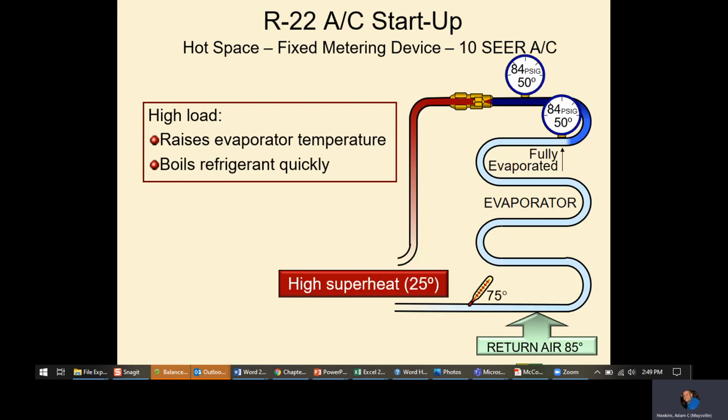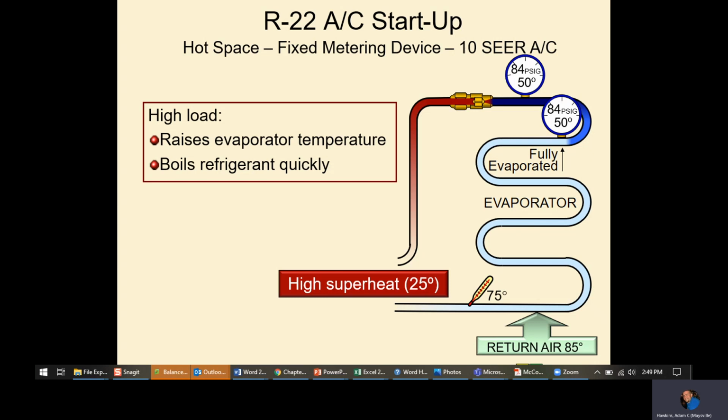So on a startup, you've got 85 degree return air. Superheat's a little high, but that's probably normal. You're running a 50 degree coil instead of a 40 degree coil. You're running high superheat because you've got a lot of heat available.